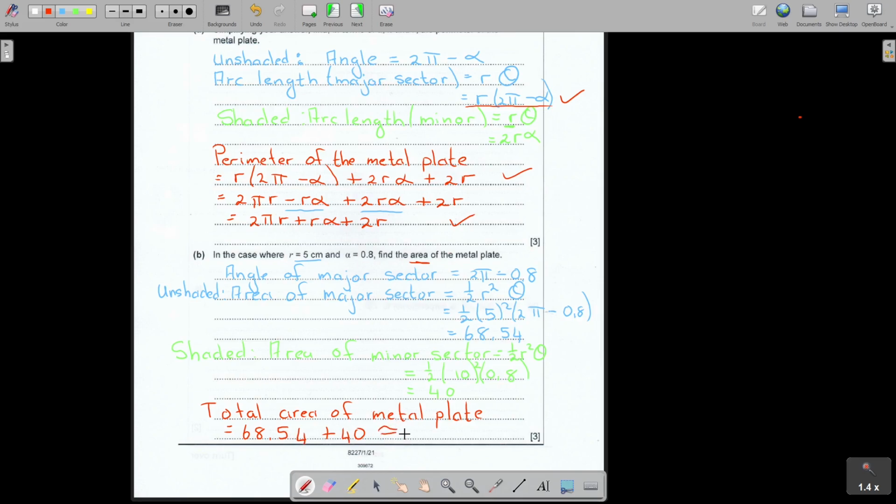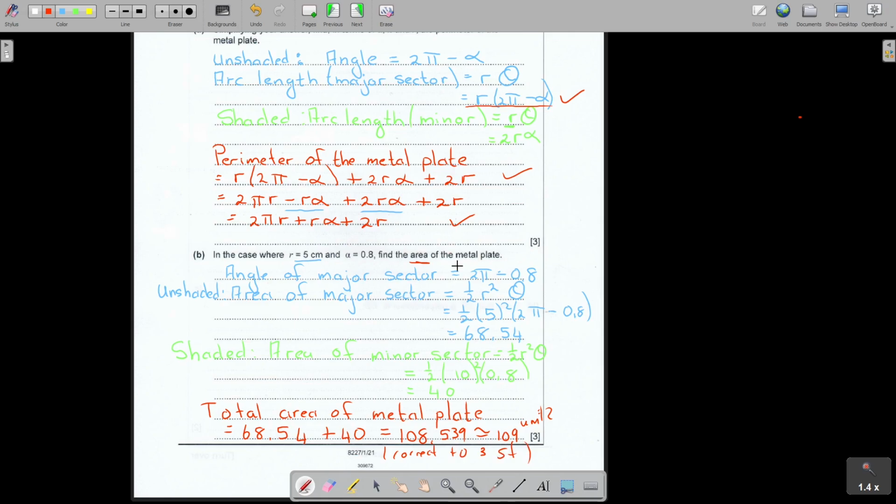And if I do that, okay, first let's say on my calculations, I will get 108.539, but correct to 3 significant figures is 109, and that's a unit square, and that is correct to 3 significant figures. Did they say anything?